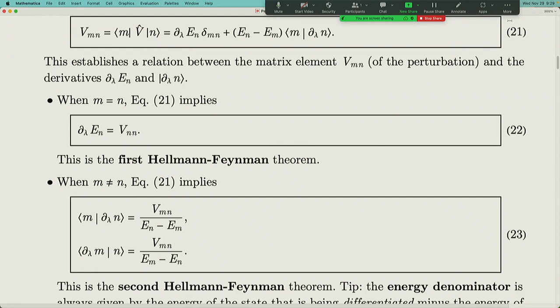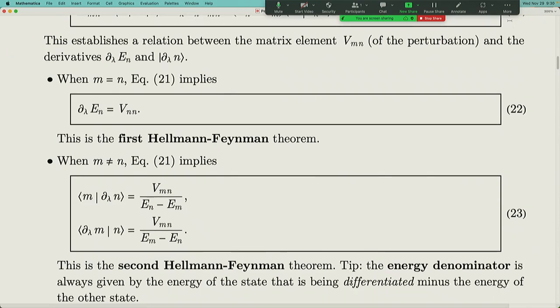And similarly, you can also derive another formula by taking the Hermitian conjugate of this formula, that is, a complex conjugate. When we perform the complex conjugate, we basically interchange the two sides of the scalar product, which allows us to compute this scalar product the other way around. Okay, so that's the idea.